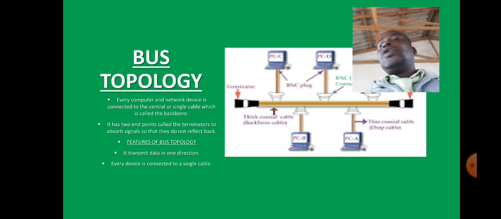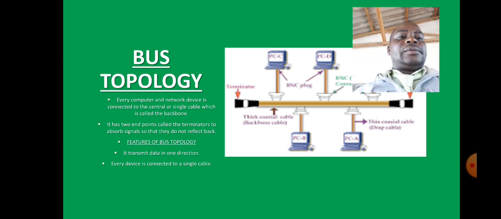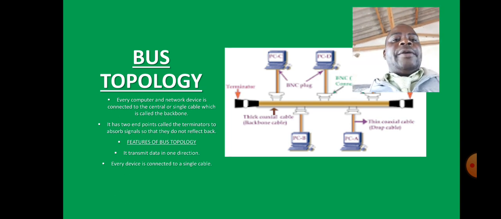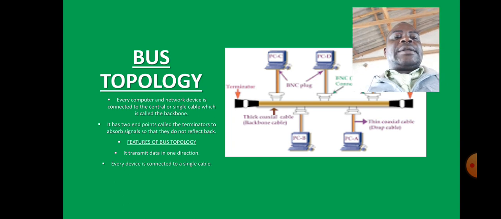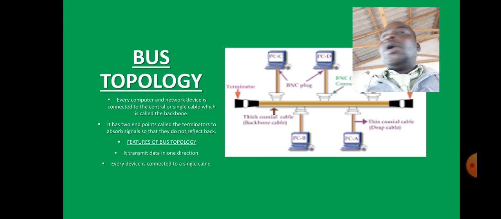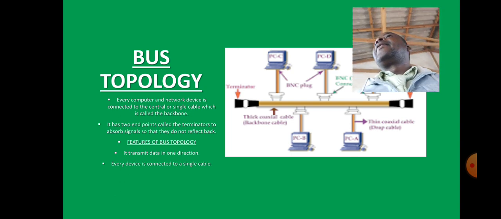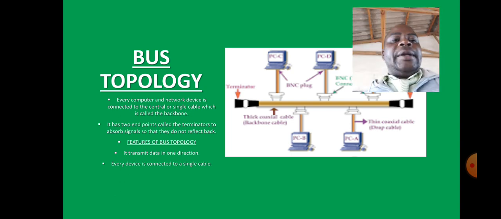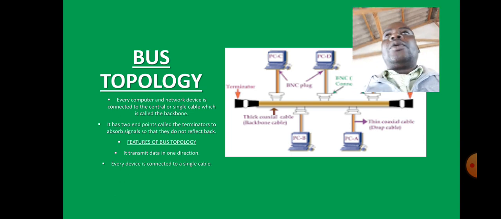Then the last topology we are looking at today is the bus topology. On the bus topology, every computer and network device is connected to the central cable, which we call the backbone. The backbone has two ending points which we call the terminators.